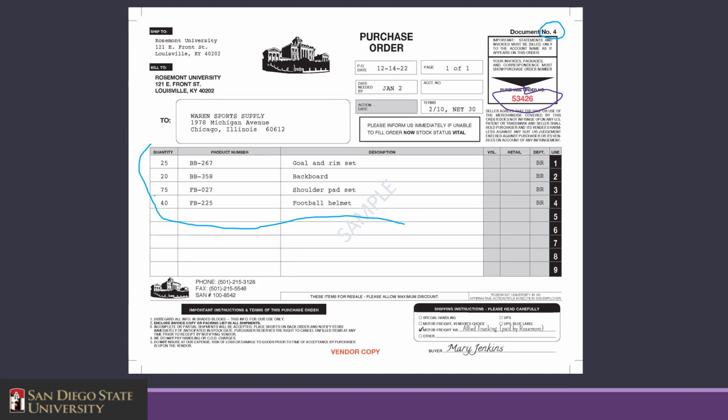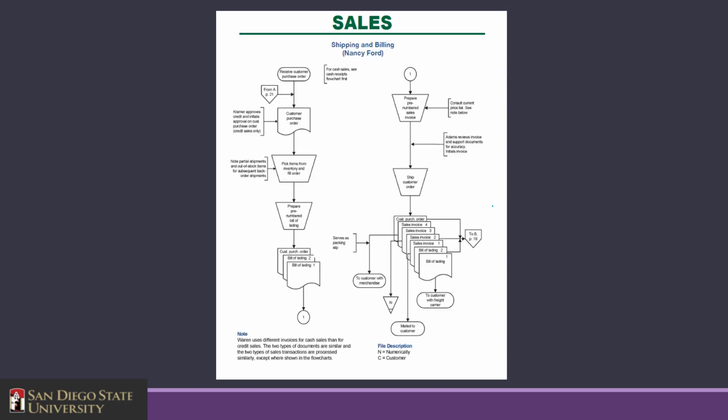Notice that they ordered 75 shoulder pad sets, but only 45 were shipped. So 30 will actually go to back order. Remember that back order takes this symbol, okay? So that's the purchase order.